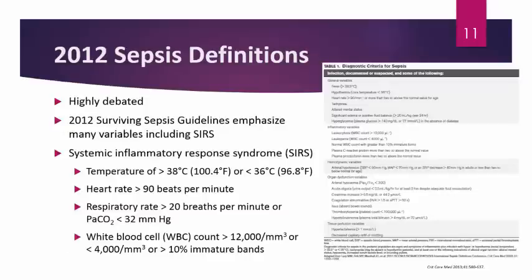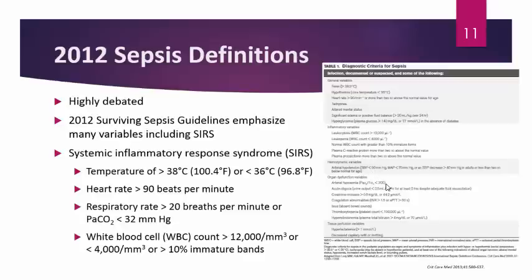So let's actually define what sepsis is now. In 2012, they came out with the 2012 Surviving Sepsis Guidelines. And whenever they came out with these guidelines, they actually had a big table, this table 1 that you see here on the right from their guidelines, giving you some diagnostic criteria of what sepsis is. They looked at different variables that existed, such as what we'll call SIRS phenomenon in a second, as well as some inflammatory markers and hemodynamic variables and organ dysfunction variables.